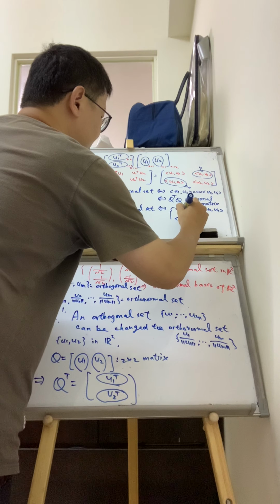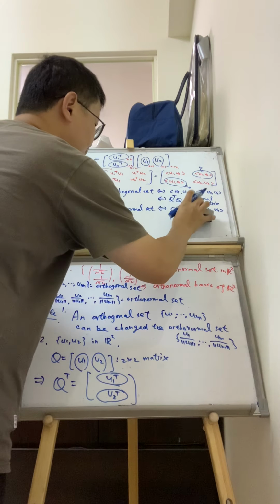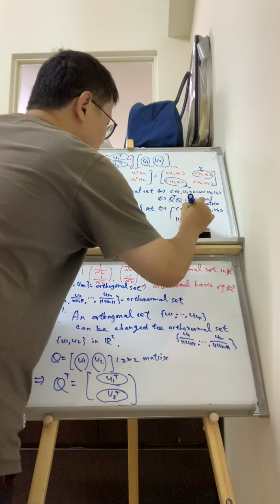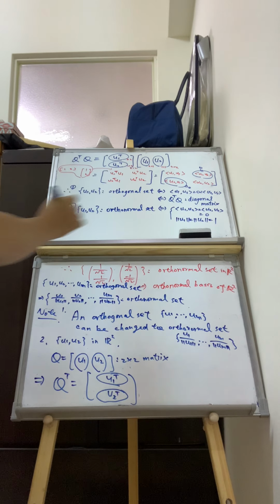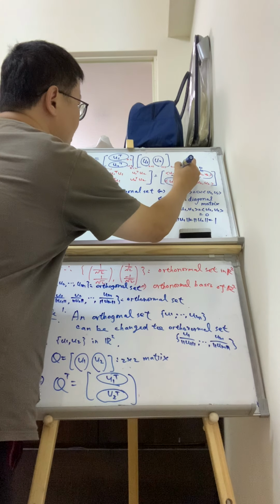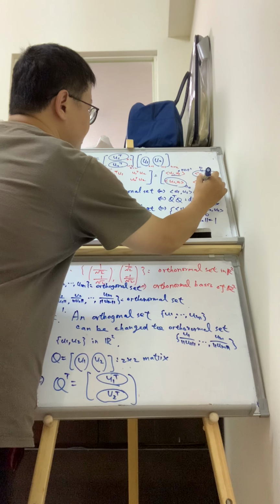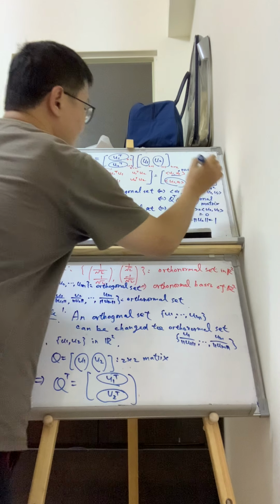The length of U1 and the length of U2 is the square root of the inner product, but I write it in this way: U1, U2 equals 0, and the squared lengths equal 1 and 1.